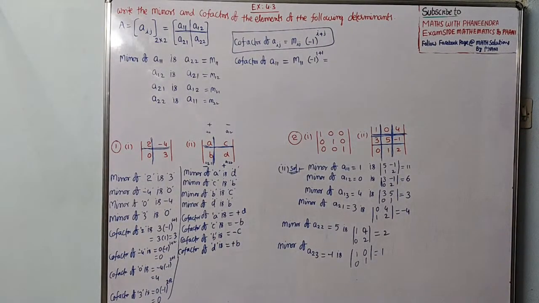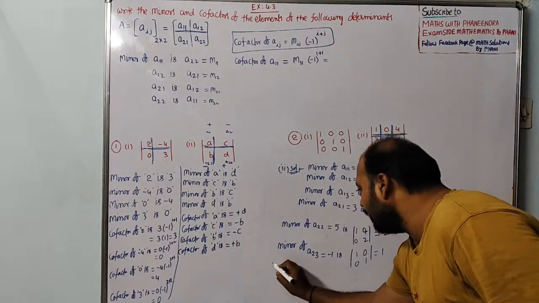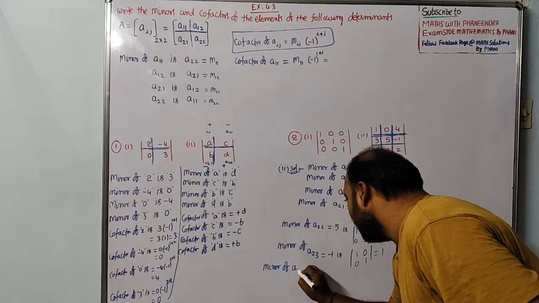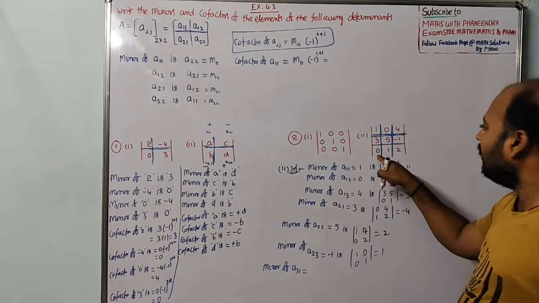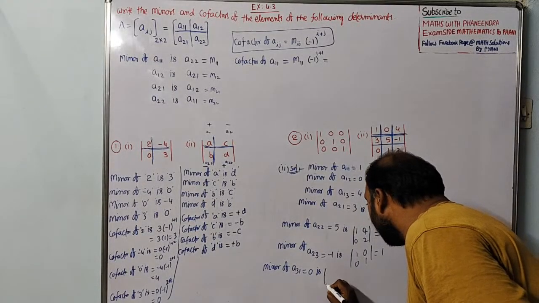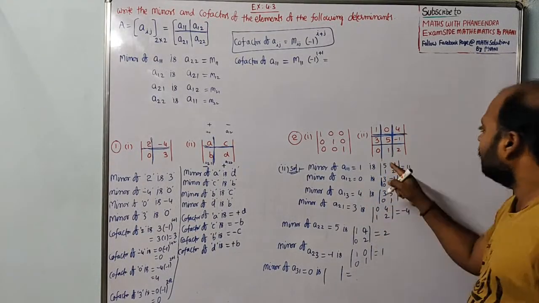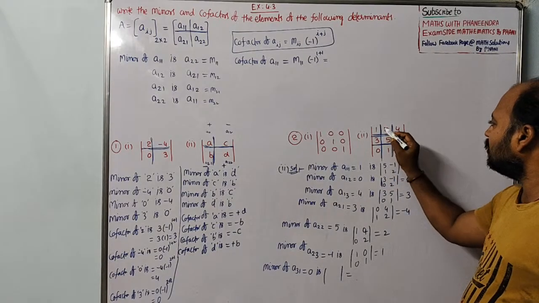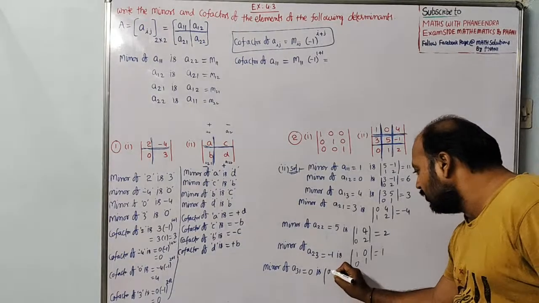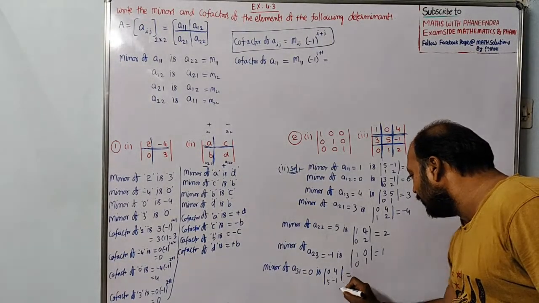More 3, we need to write it. Here only we will finish it. Minor of A31. A31 means third row, first column, 0 is determinant I am finding. So we are eliminating third row and first column, 0, 4, 5 minus 1.